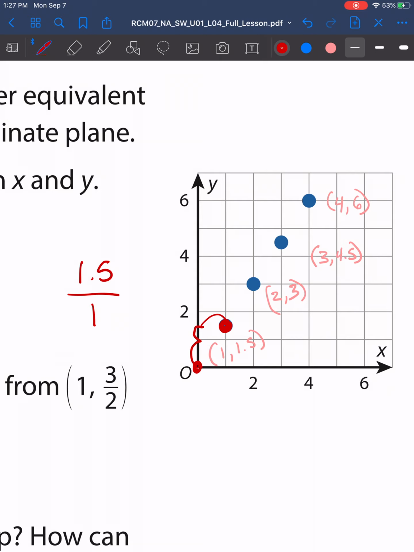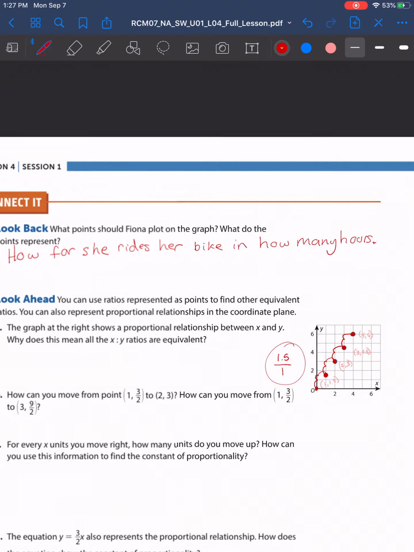Do I go up 1.5? Yes. And then do I go over 1? Yep. Up 1.5, and then over 1. Up 1.5, and then over 1. So I know that my constant is going to be 1.5 over 1. That's what my rate is, okay?